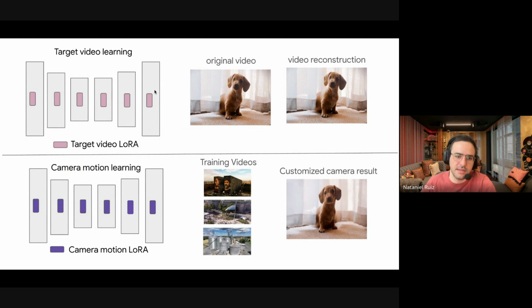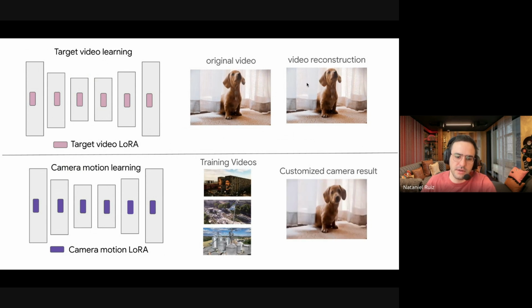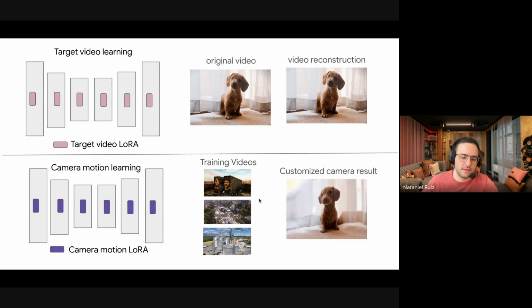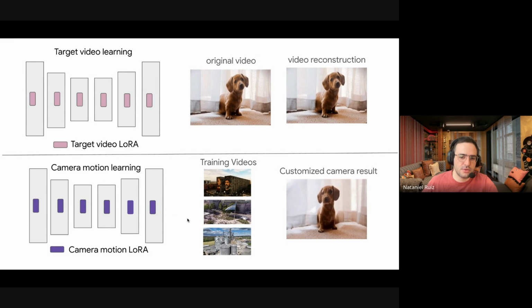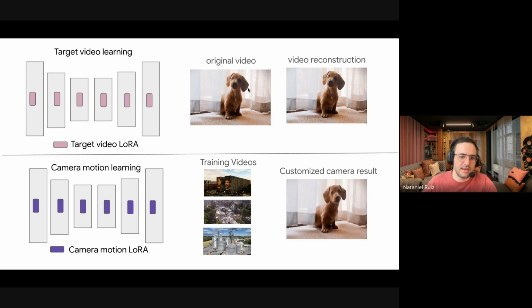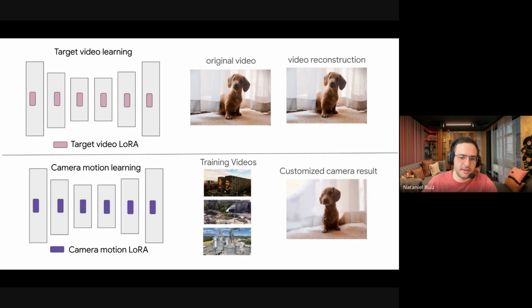You can see here with a target video LoRA trained on the original video, you can actually reconstruct the video very well with the model. Obviously, this makes sense. So you can fit to the original video, and if you learn camera motion, you can try to generate a customized camera motion on top of this video by basically adding them, but you can see the subject motion is completely nullified, right?